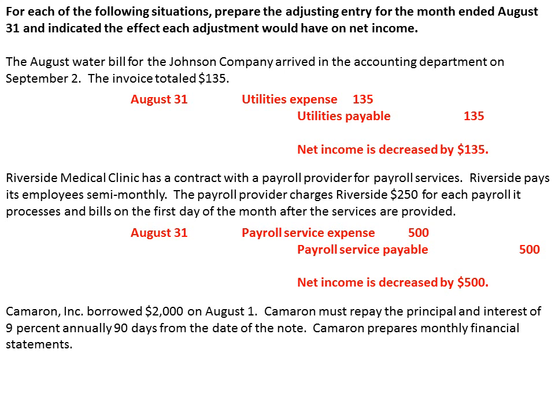Cameron Inc. borrowed $2,000 on August 1st. Cameron must repay the principal and interest at 9% annually, 90 days from the date of the note. Cameron prepares monthly financial statements. So on August 31st, their interest expense is going to be $15.